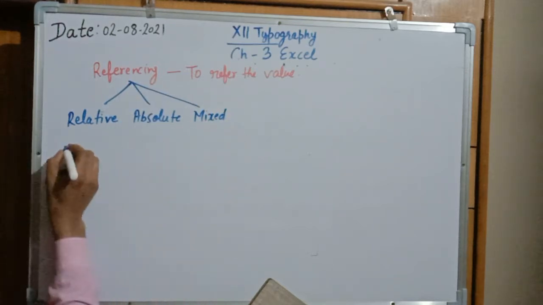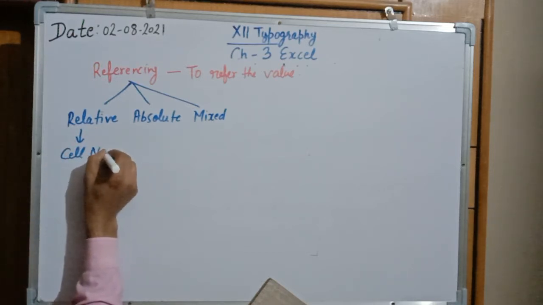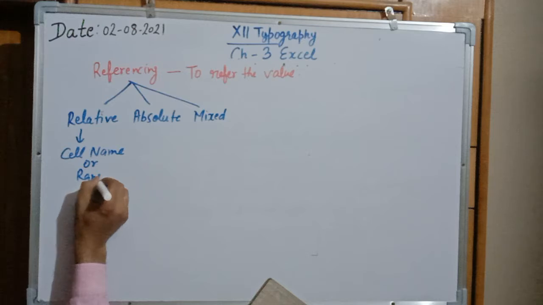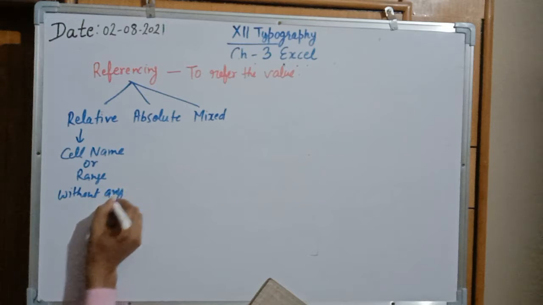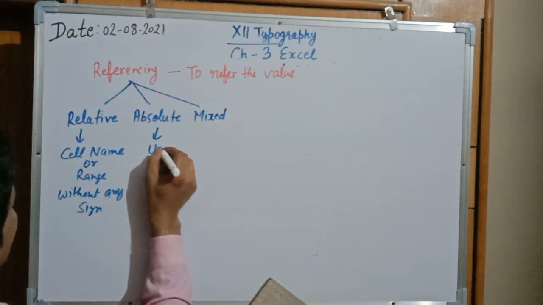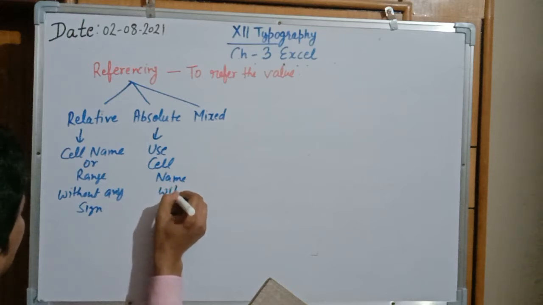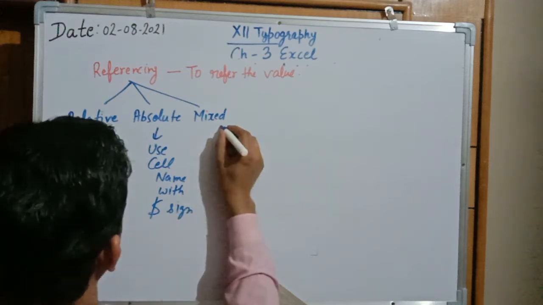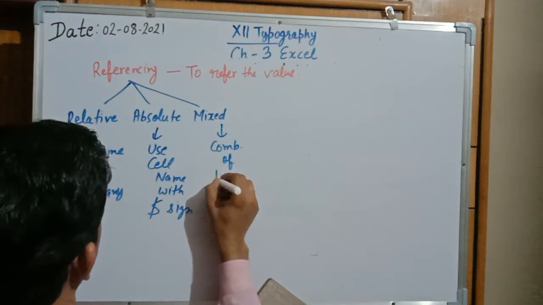Relative uses cell name or range without any sign, while absolute uses cell name with a dollar sign. It is the difference. Mixed will use the dollar sign, and it is the combination of relative and absolute.